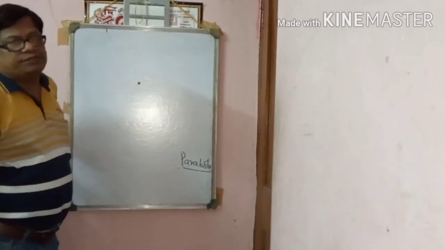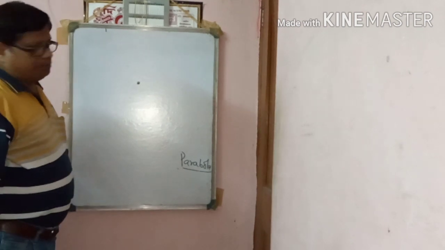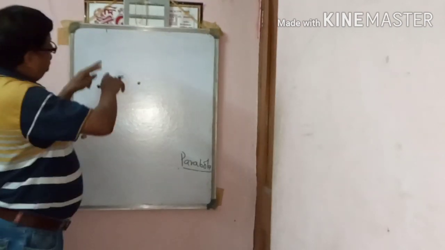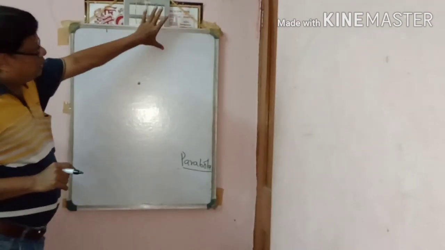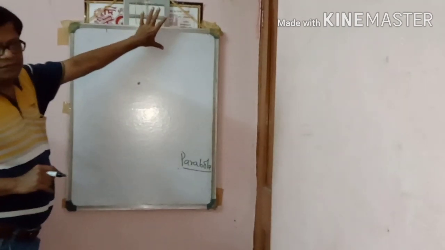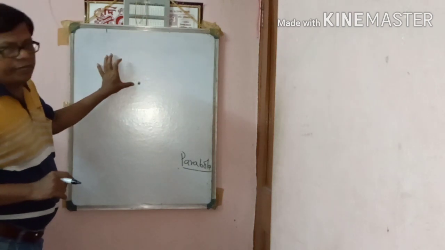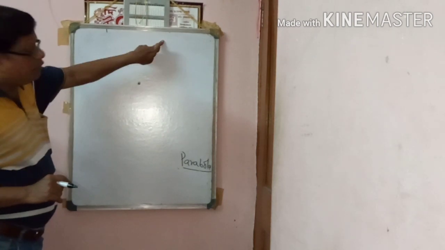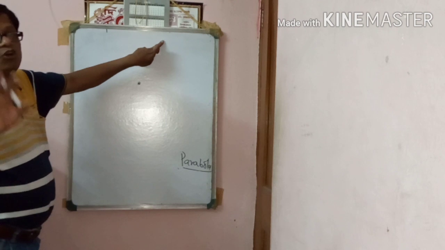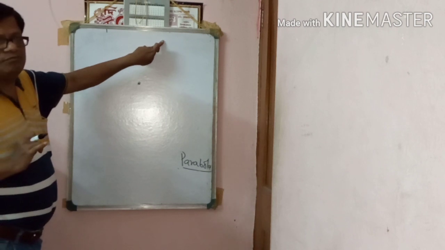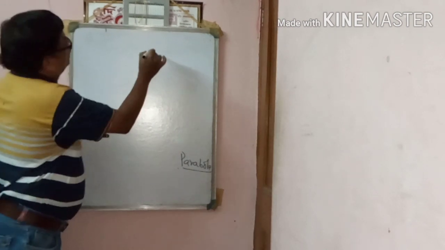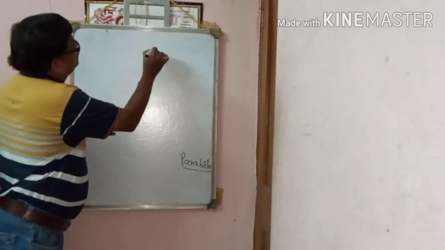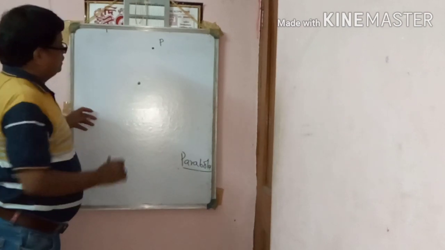This is a fixed point. Now, in this plane, a point moves in such a way that the distance from this point to the moving point is always the same. Now, one point is here. Suppose P, this distance.